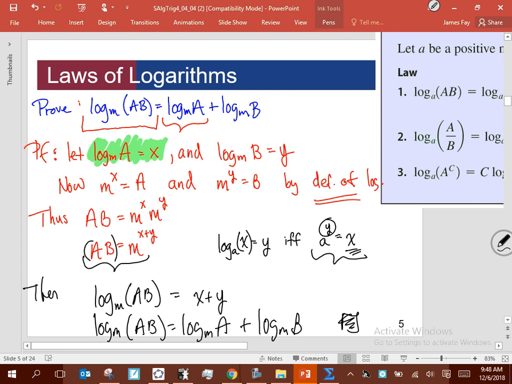Now, here's my question: how does that differ from A divided by B? If I have log base m of A divided by B, obviously we're seeing that that's going to be log base m of A minus log base m of B, right? Well, think about this.